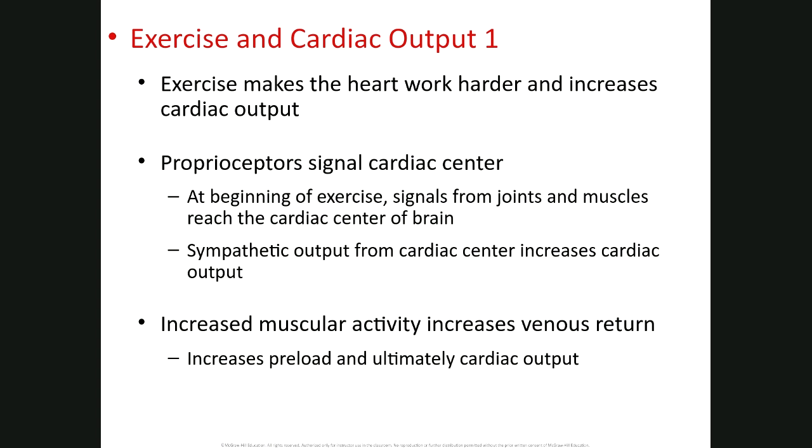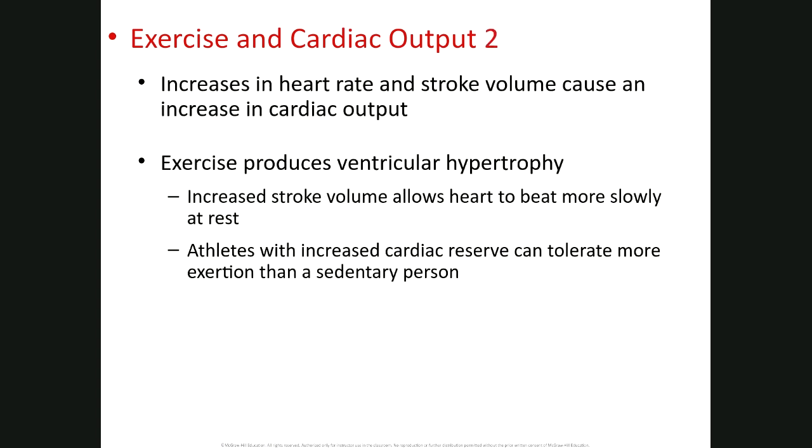Increased muscular activity will also increase venous return. So the preload, the blood in the ventricles, will increase. And Frank Starling said, "You increase it, I will give you an equivalent push." Increase in heart rate and stroke volume causes increase in cardiac output, if you remember the formula.